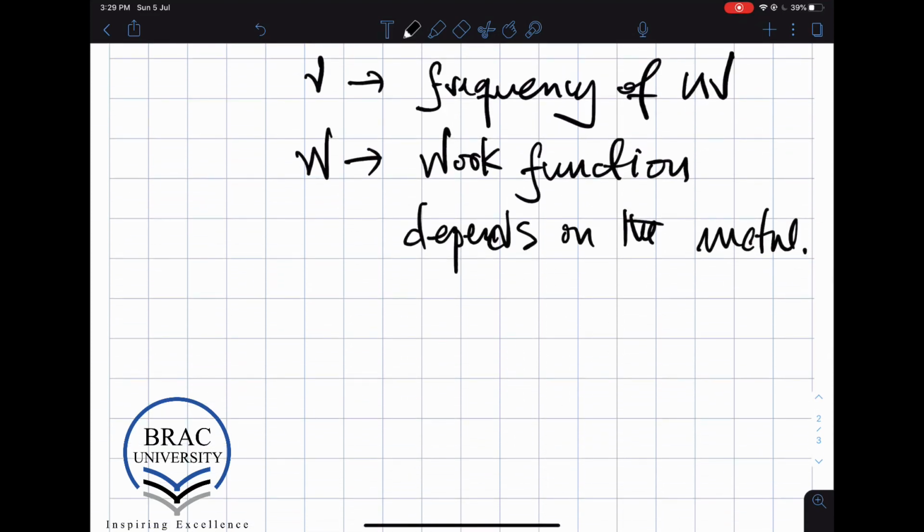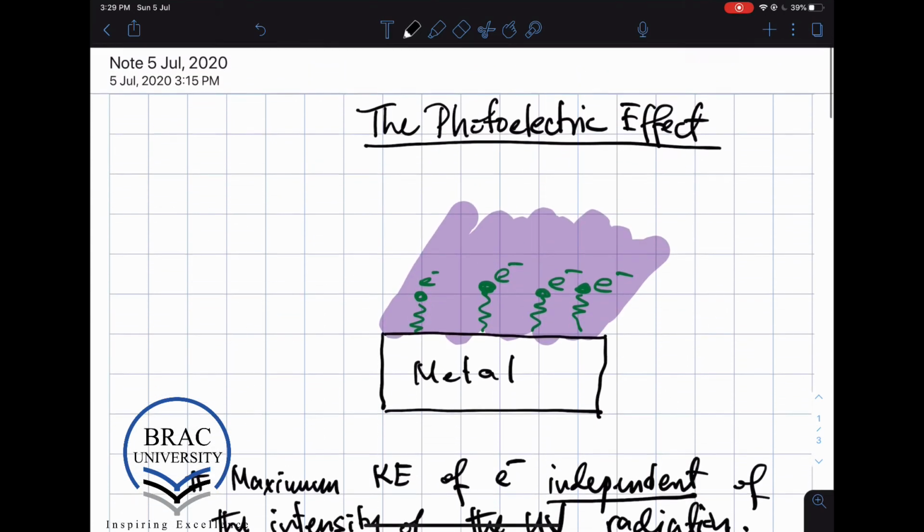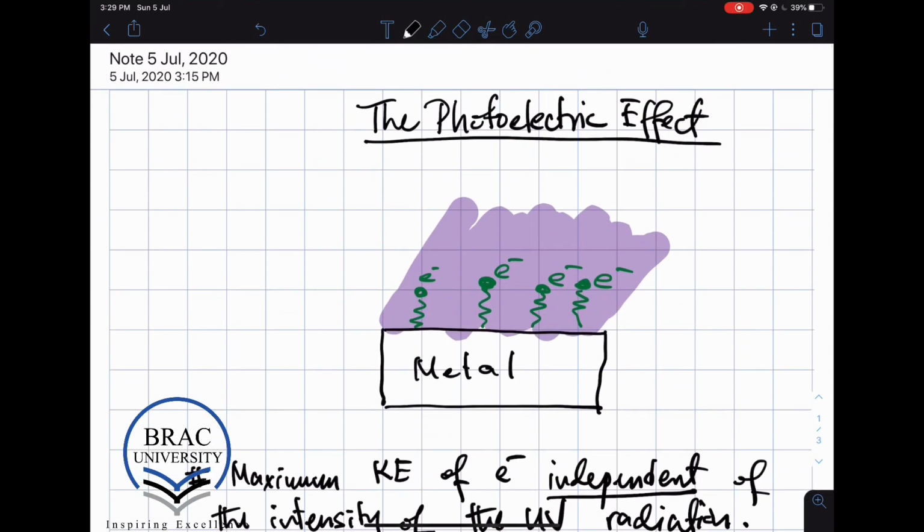So this is, in brief, the photoelectric effect.